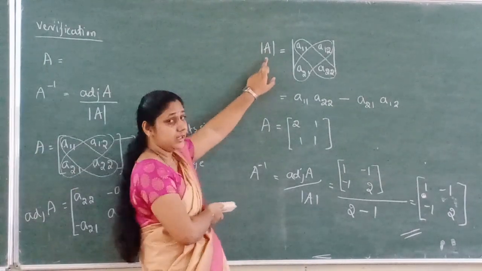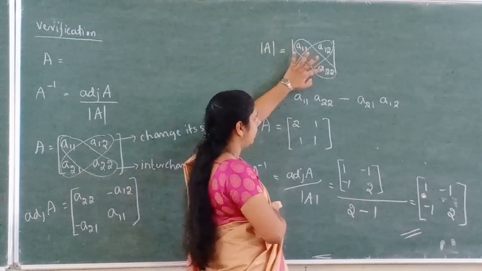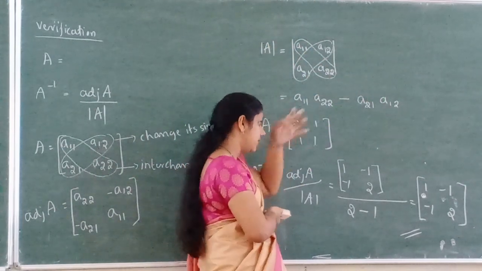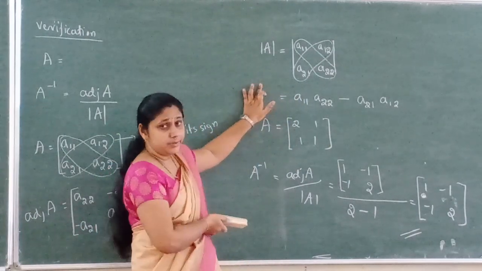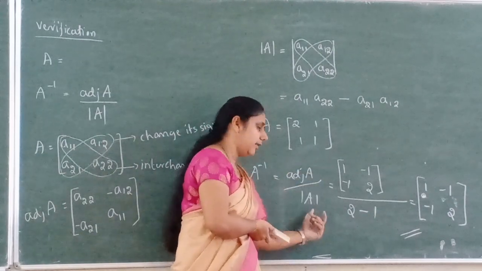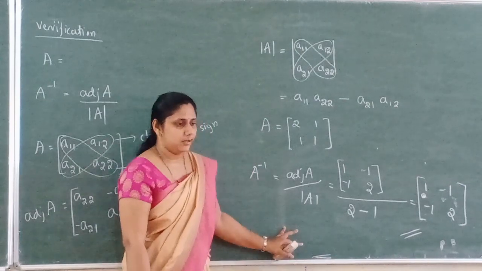And in order to find determinant A, the procedure is product of the diagonal minus product of the non-diagonal. Once you get both adjoint A and determinant A, inverse is obtained by the formula adjoint A by determinant A. So this method is only for verification purpose.